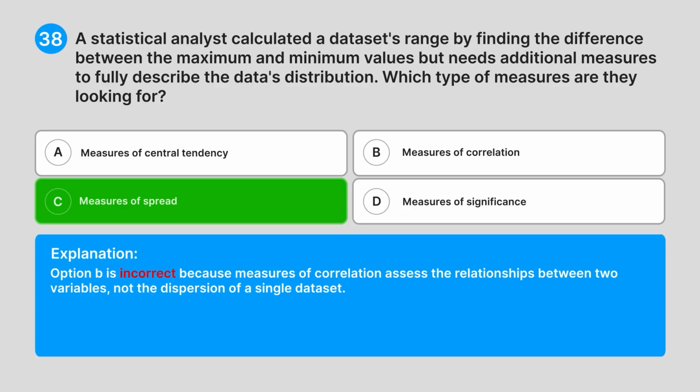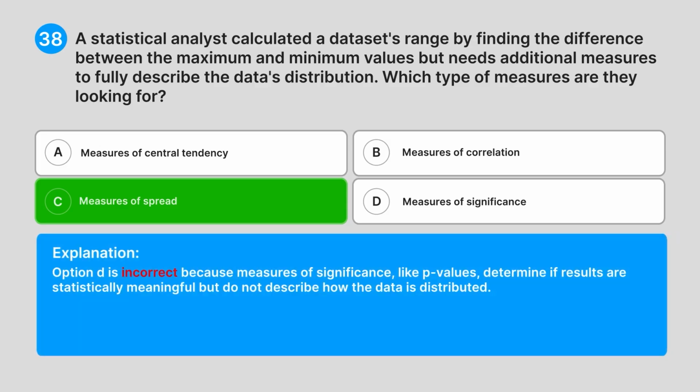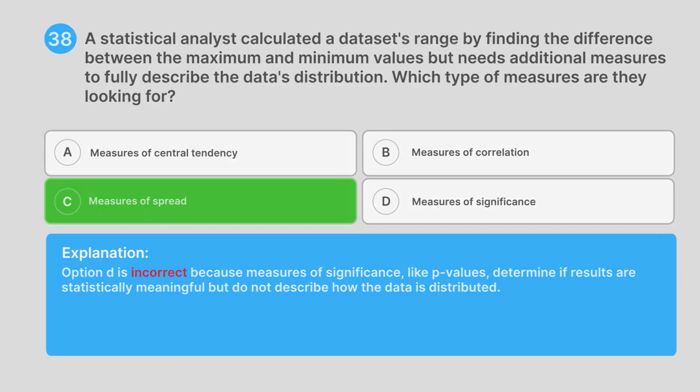Option B is incorrect because measures of correlation assess the relationships between two variables, not the dispersion of a single dataset. Option D is incorrect because measures of significance, like p-values, determine if results are statistically meaningful, but do not describe how the data is distributed.